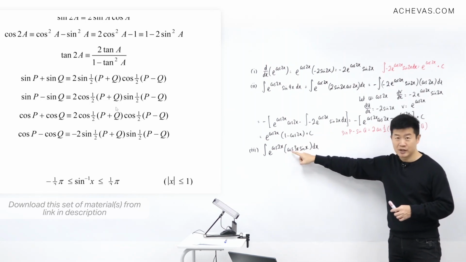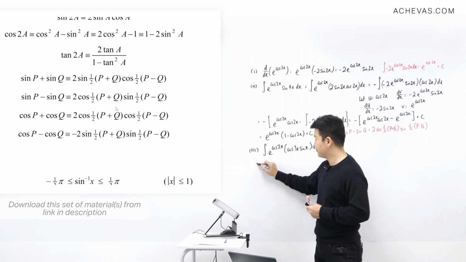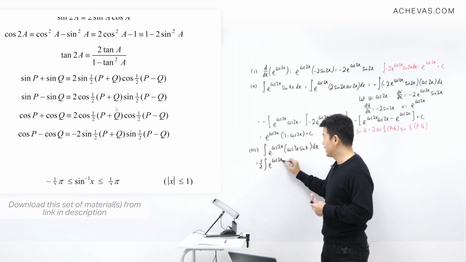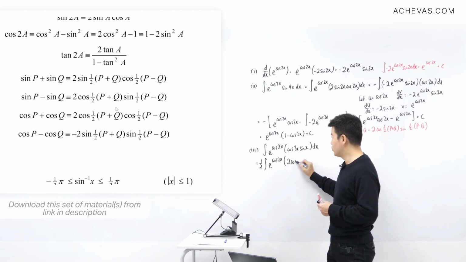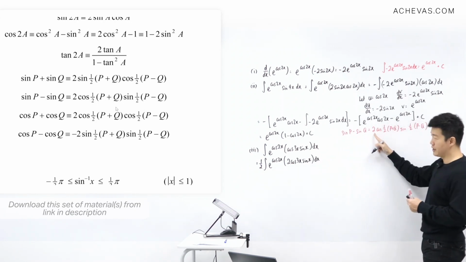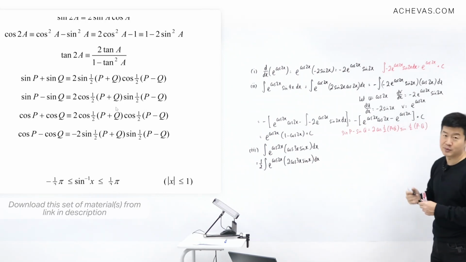Of course, we need a 2 here, and that is not difficult. For that, I'm just going to add a half outside so that I can introduce a 2 to this: 2 cosine 3x sine x. But how about this? This is just one term, but now we have 2 terms over here.